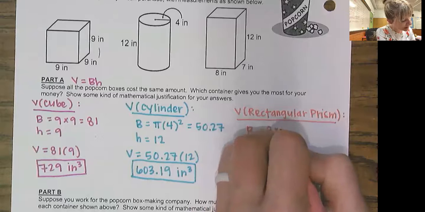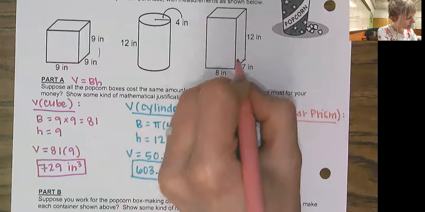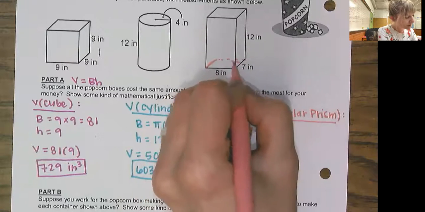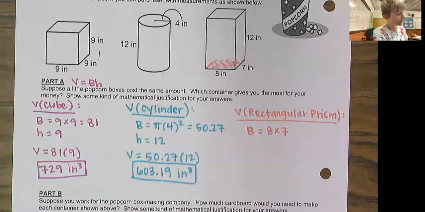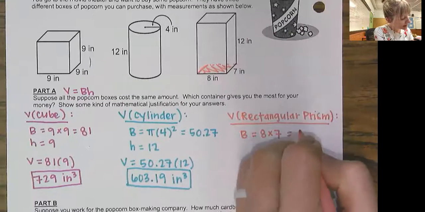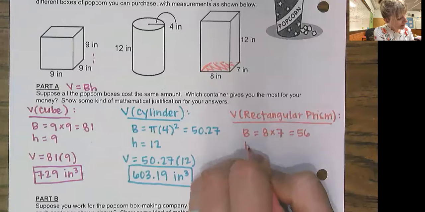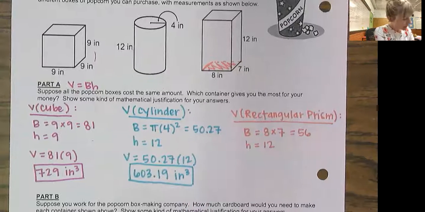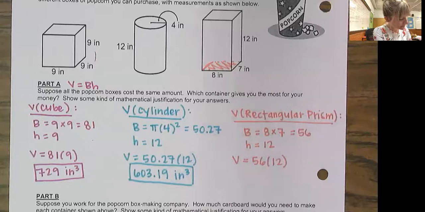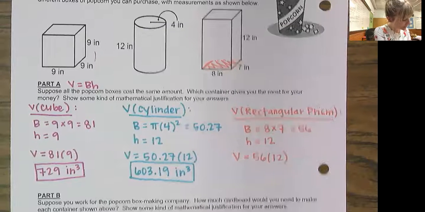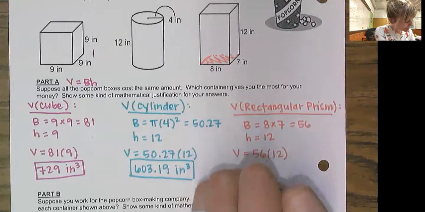I'm going to choose 8 by 7 just because that seems to make sense to a lot of you if the base is on the bottom. But just be careful and know that they can turn cylinders and things sideways and the base is still a circle, right? Area of the base, then the height would be 12. And the volume is area of the base times height, 56 times 12, 672.